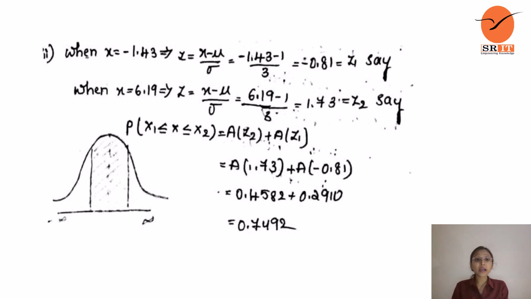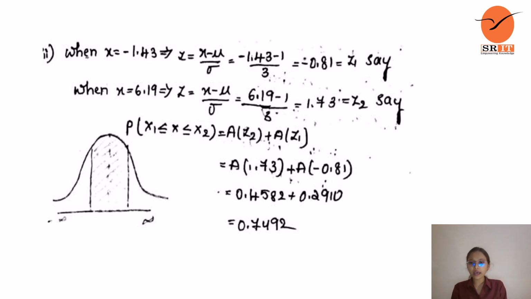When x is equal to minus 1.43, then z is equal to (x minus mu) upon sigma, which is equal to (minus 1.43 minus 1) upon 3, which is equal to negative 0.81, which we will consider as z1. When x is equal to 6.19, z is equal to (6.19 minus 1) upon 3, which is equal to 1.73.